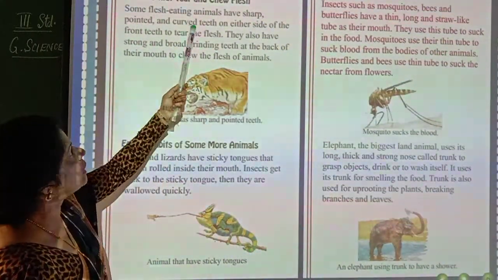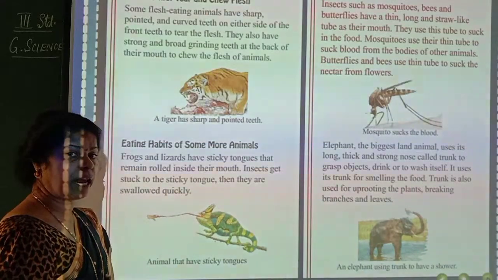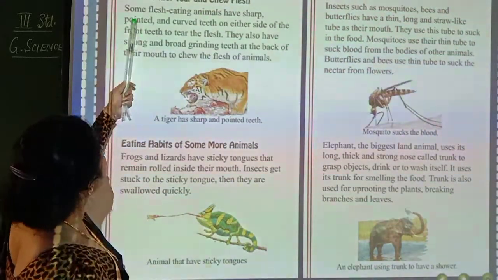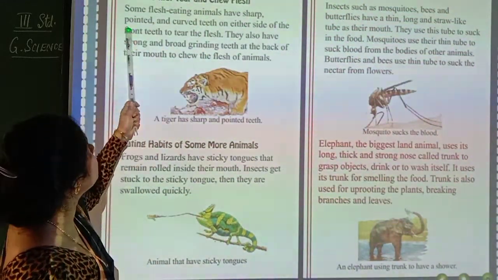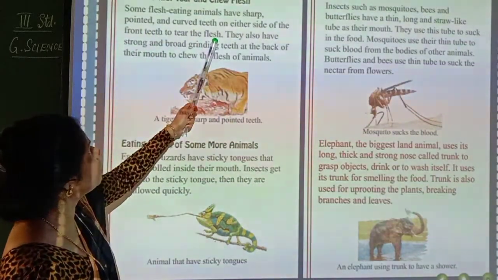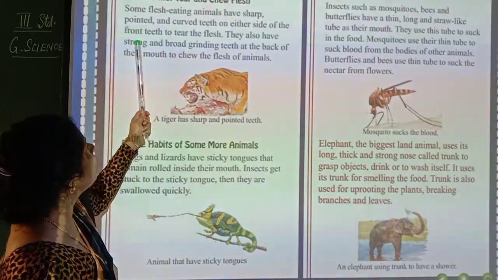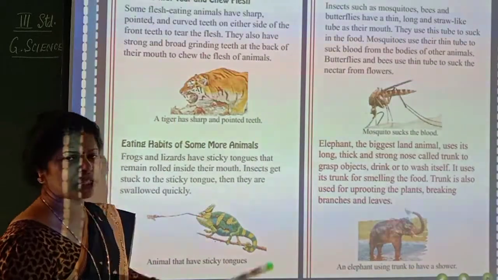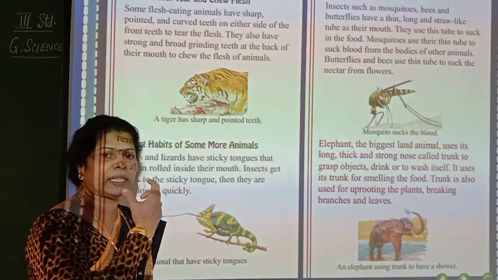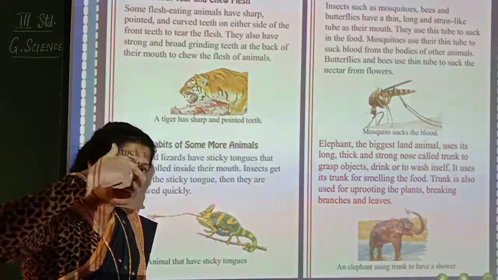So, animals that tear and chew flesh. Some flesh-eating animals have sharp, pointed and curved teeth on either side of the front teeth to tear the flesh. I told you they will have strong canine teeth. Sharp and strong, a little curved also.